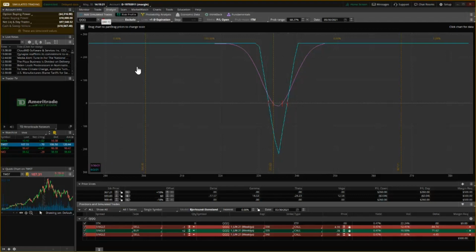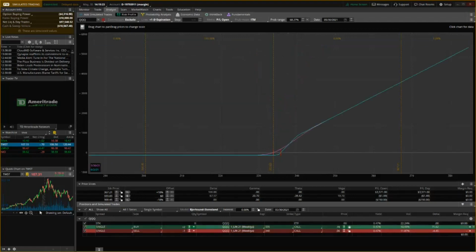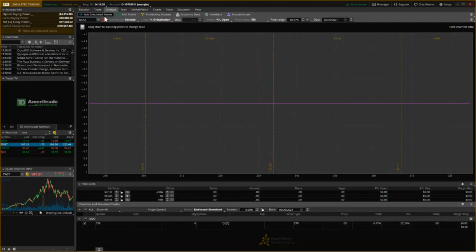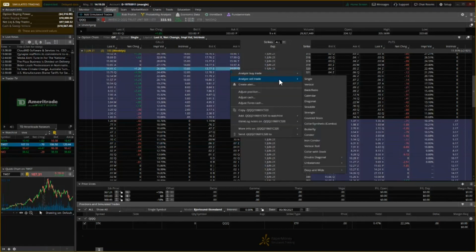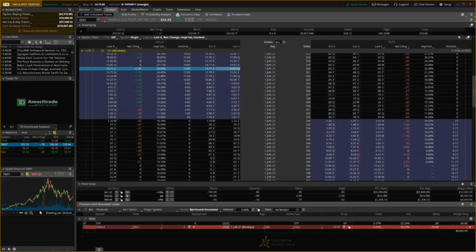And let's see a different example, even wider and greater, also on the same expiration. Now let's say we're going to go 320. We're going to sell one, and this time we're going to get, let's say, 13.8, and we're going to do it on 340.